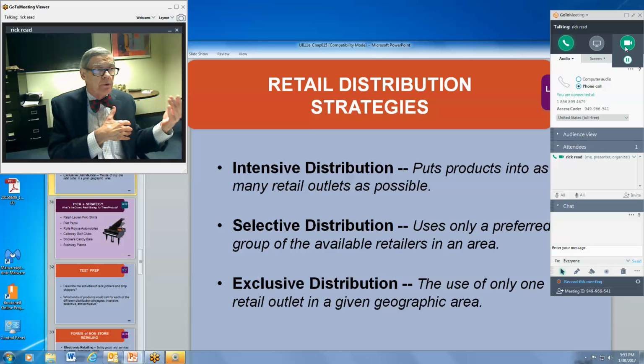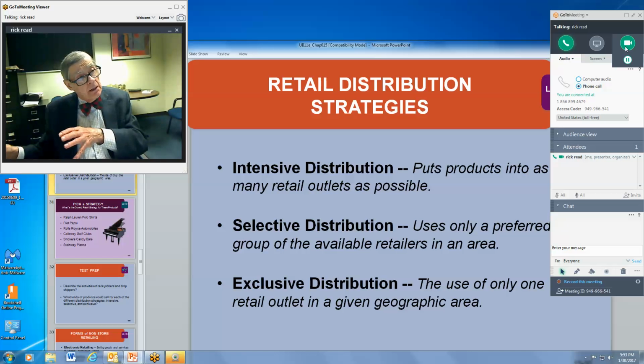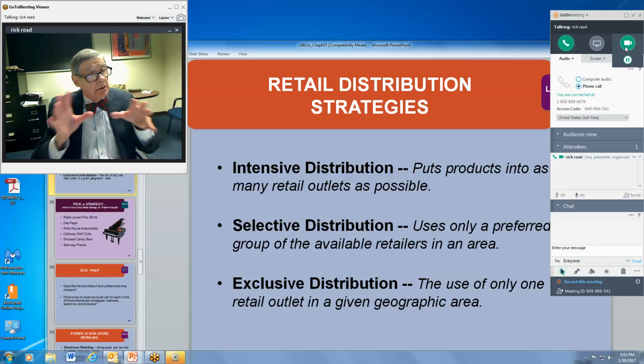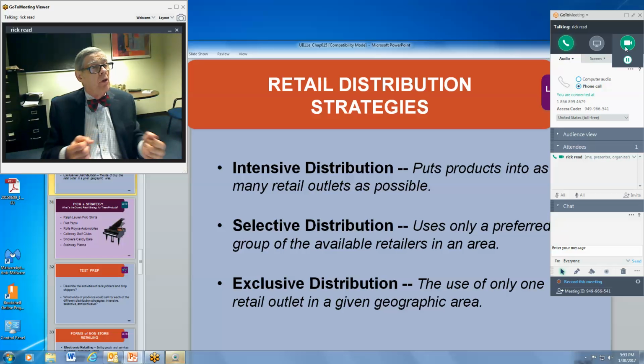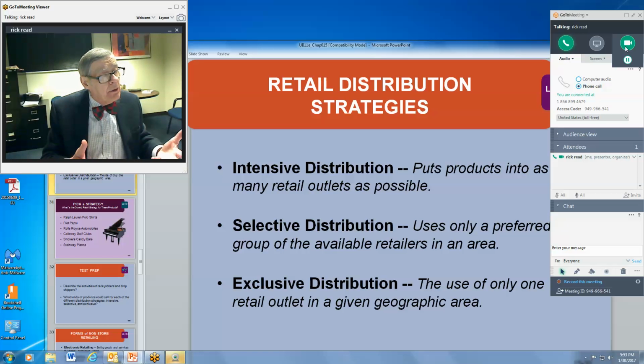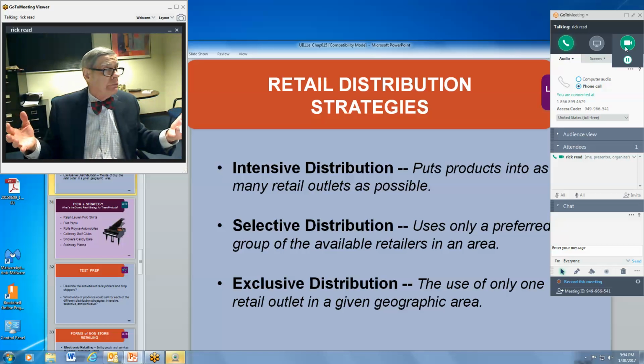Only going to be a preferred group of stores and only maybe in certain areas, etc. So you're not going to find this product everywhere. And exclusive pulls that back even further, and you're only going to find the product in one store and maybe only in one part of town or one town in the state or something of that nature.